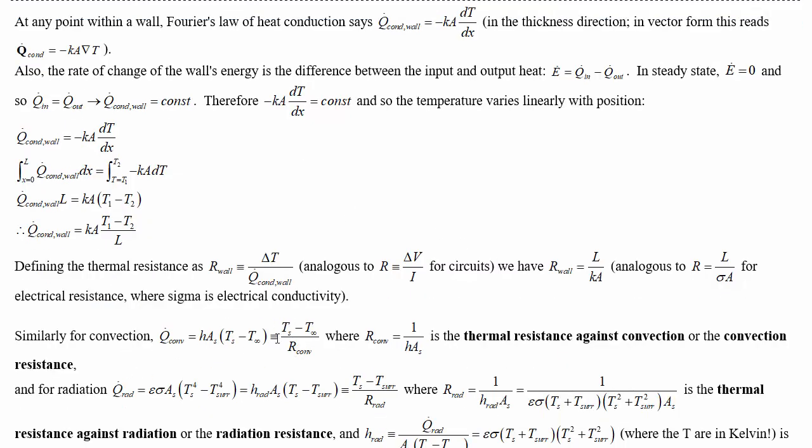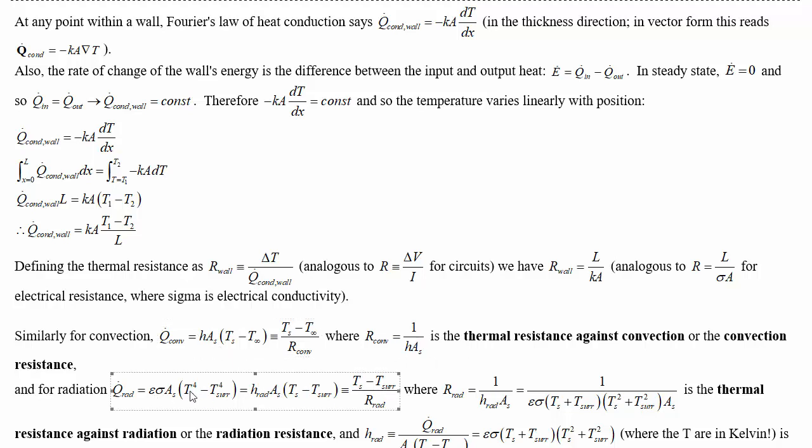And for convection, I mean, why stop at conduction? We can just say, hey, what's the effective resistance for convection if we use the temperature difference now as the surface versus the free stream? Then convection resistance would end up being 1 over convection coefficient times surface area. And same thing for radiation.